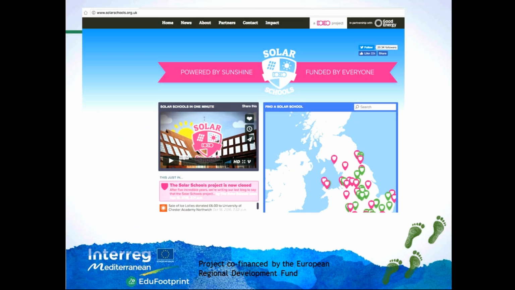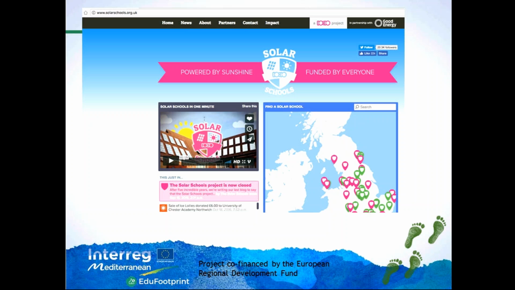So you can have a look also at this other program they have in the UK, solarschools.org.uk. As you see here, there is a map with all the locations, and so you can really check all of the projects to see, for instance, what the installed power is, what the costs were, and so on.